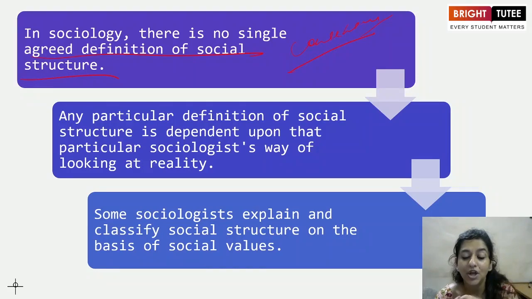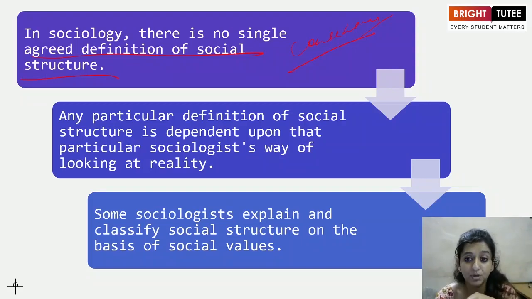Somewhere you just see that something is missing, or there's a social process missing, or some unit, entity or system that is missing. So we do not have one single definition.